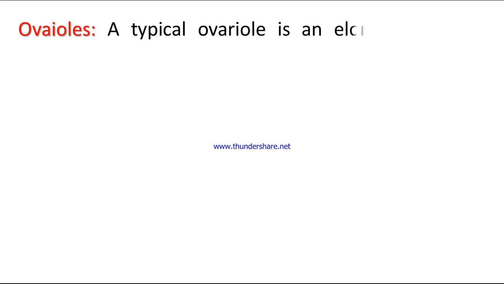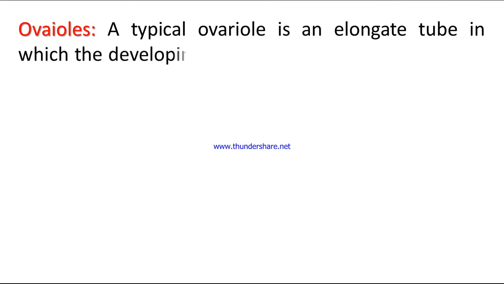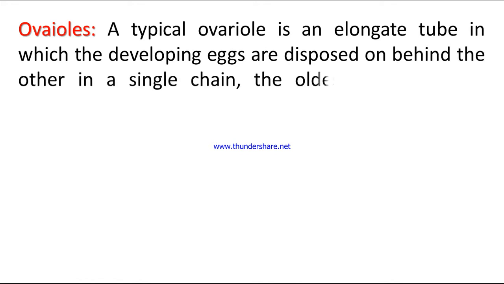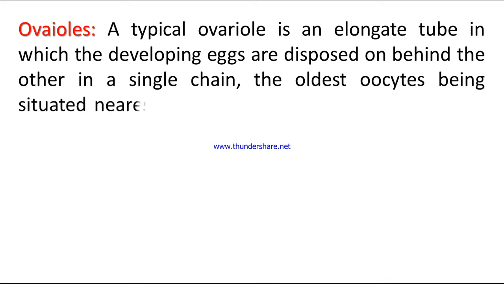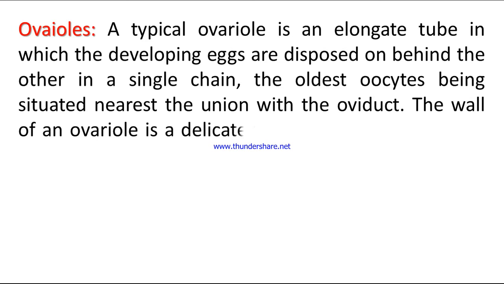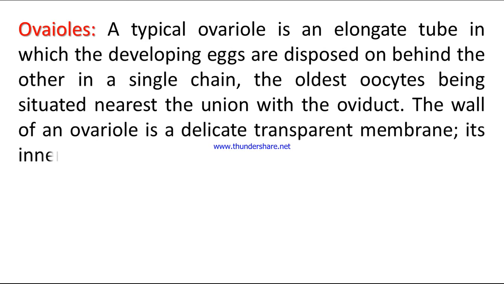A typical ovariole is an elongate tube in which the developing eggs are disposed one behind the other in a single chain, the oldest oocytes being situated nearest the union with the oviduct. The wall of an ovariole is a delicate transparent membrane.